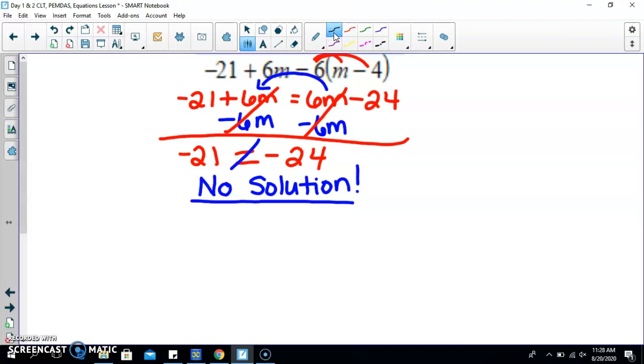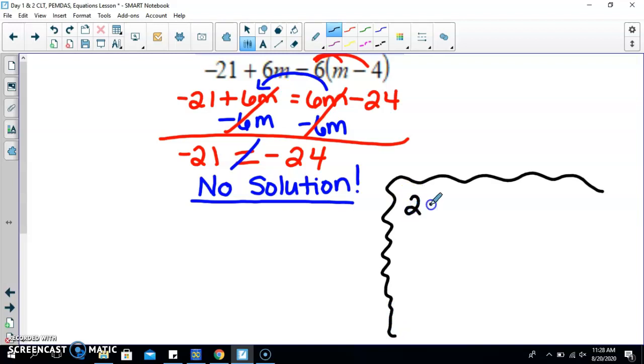Now, over here on the side, make a little note for yourself. The only other thing we could be left with here, if it's not no solution, another statement we may get, if I have 2 plus 5m equals 5m plus 2.